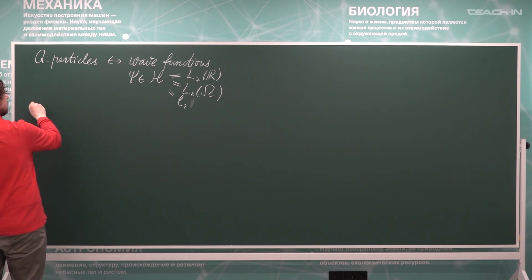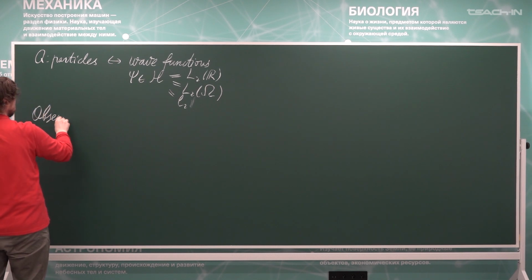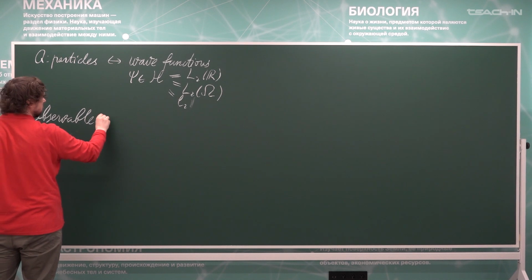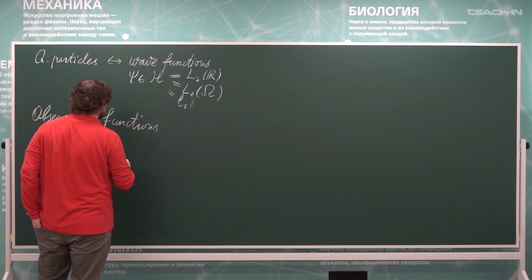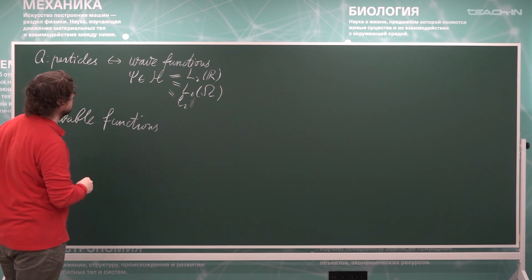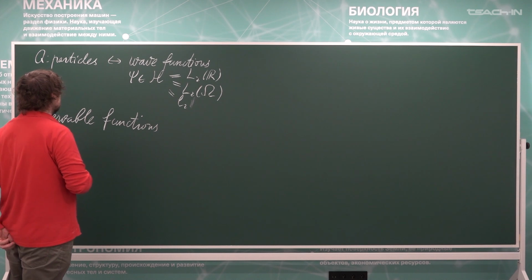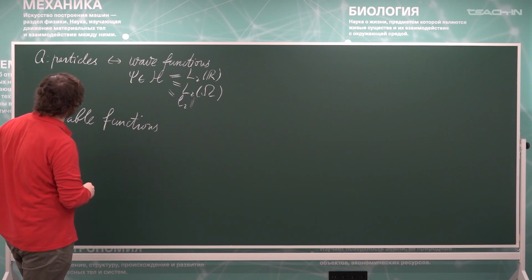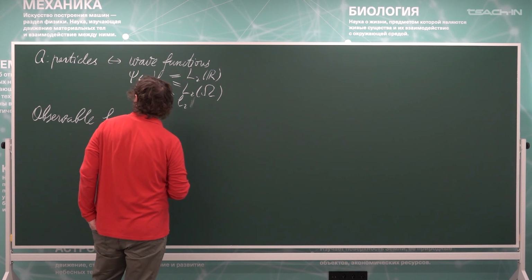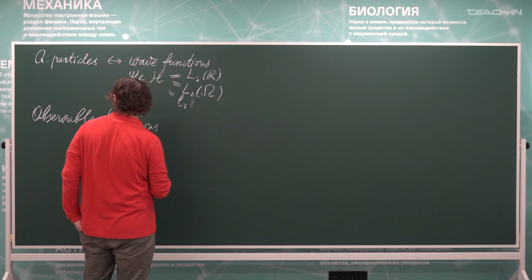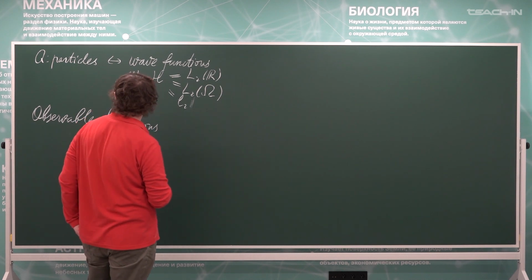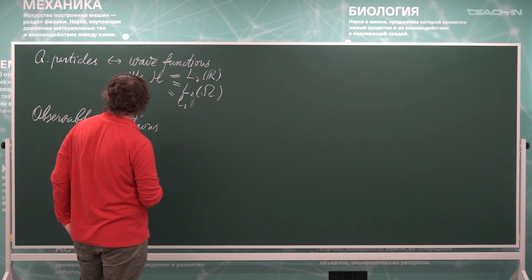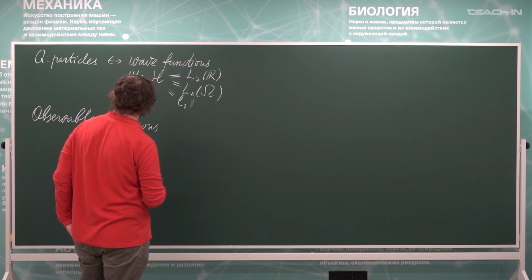observable functions of our particles. They're just some physical values, some physical properties of the system, like temperature, like velocity, like coordinate, like pressure or something like this.